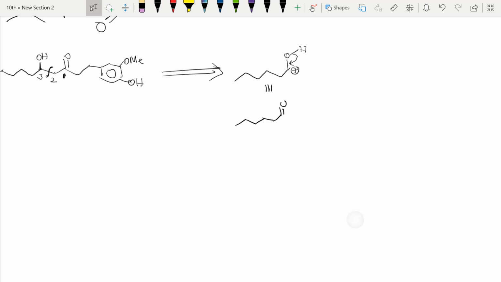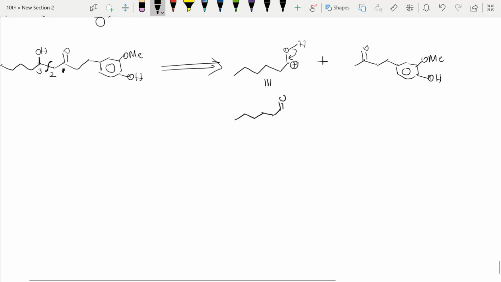Directly you can write the reagent, right? And here what will I get? I will get a simple ketone like this. I hope you are getting it. So this is the ketone. The other things remained the same. If I react these two compounds, I will get the product, right? I hope you are getting it, right? So this is how we do the reaction, right?